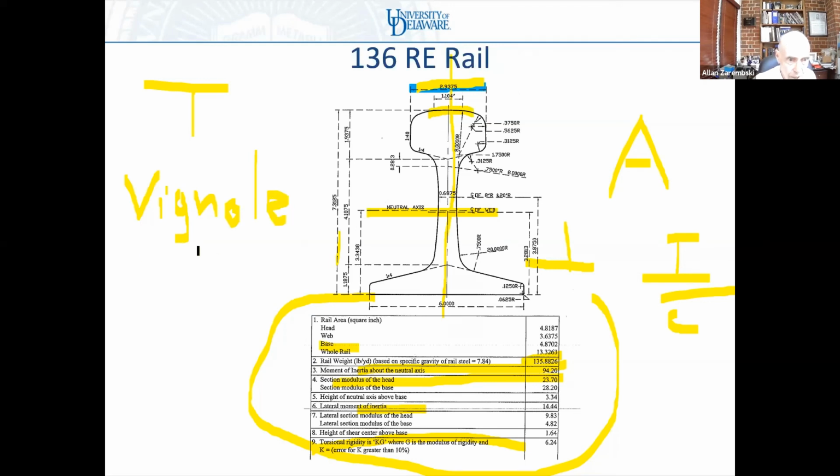I'm actually surprised because I know a lot of the European consultants use this term. Vignoli rail is another name for T-rail. So this kind of rail is considered to be T-rail or Vignoli rail. If you ever see the name Vignoli, that just refers to the fact this is a T-rail section.